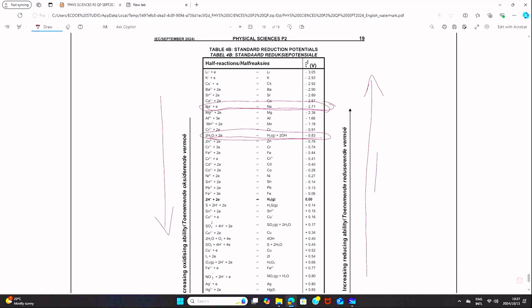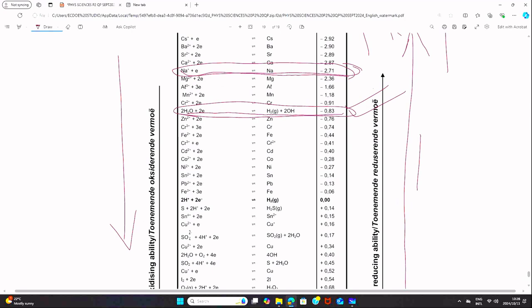The one at the top would be the one that undergoes reduction, and the one at the bottom will undergo oxidation. Between sodium ions and hydrogen ions, water is the one that will be undergoing reaction. The sodium ions will not react at all in the electrolysis. They will not form part of any reaction, so they will be spectator ions. The one that will be taking place is the water, the hydrogen ions from the water.